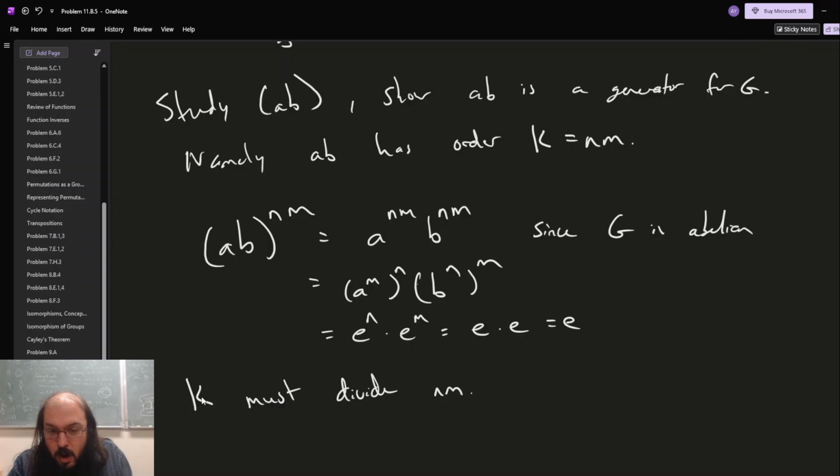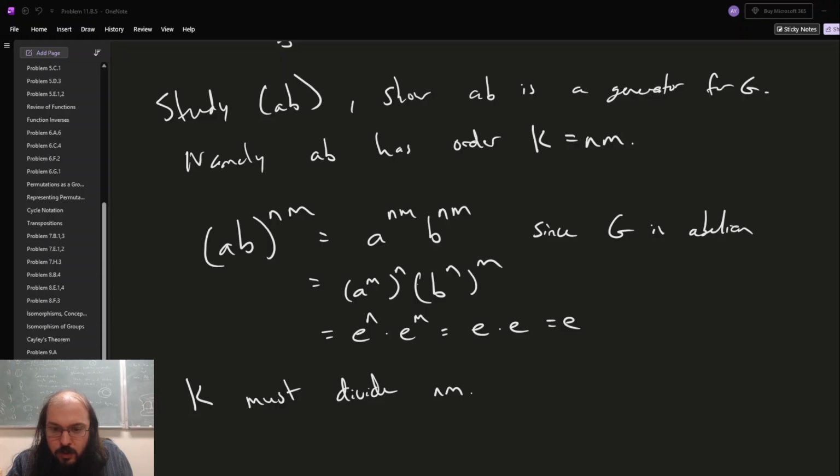Because K is the smallest number for which you can raise this to the power of and get E, and therefore any other power which you can raise this to has to be divisible by K. So just turning it around, K divides MN. So that's one half of the proof.